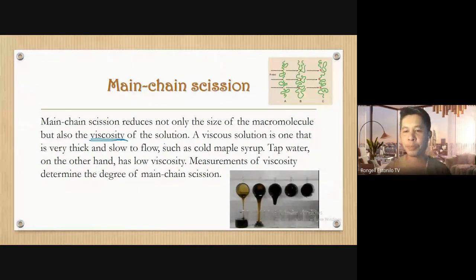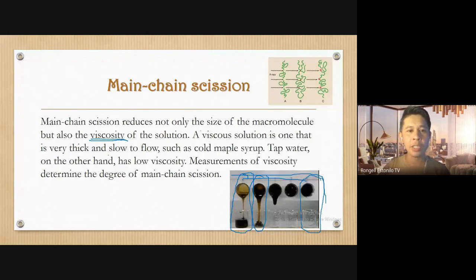Like for example, in this illustration, in our picture, we can say that picture 1 is not as thick as picture 2. But if we compare all of these solutions, the last picture is the thickest because it does not flow. That is called viscous, viscosity.